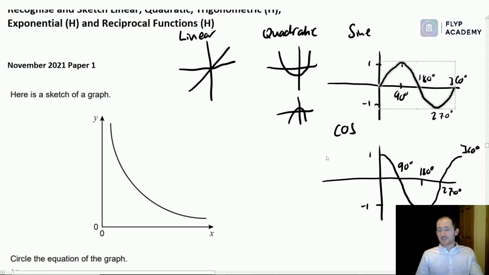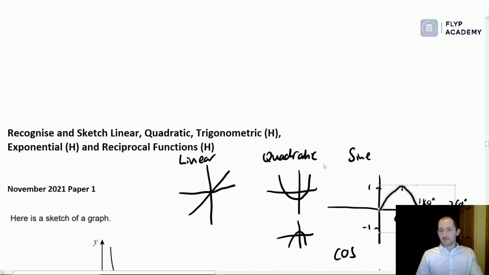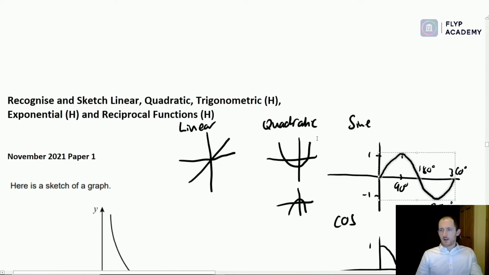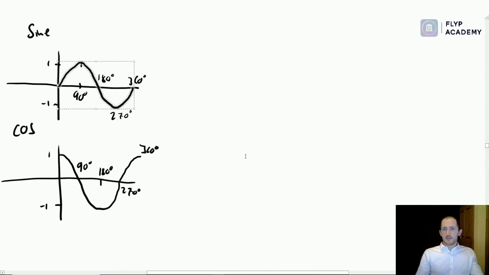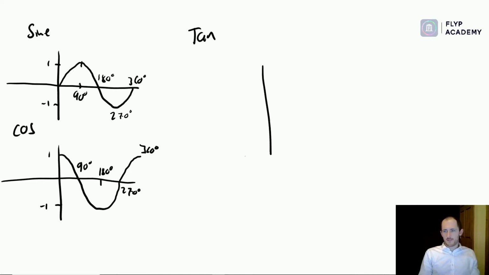Now we have the tan graph, which is the one that causes mild discomfort, I'm going to call it. So let's get some space up here. The tan graph, this is the one that makes students cry.